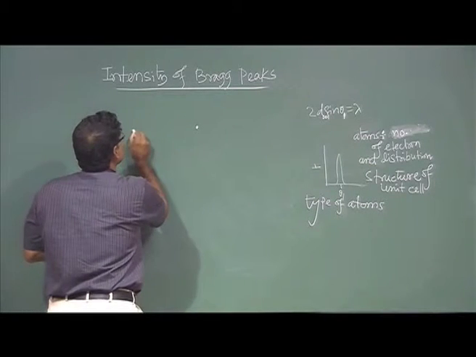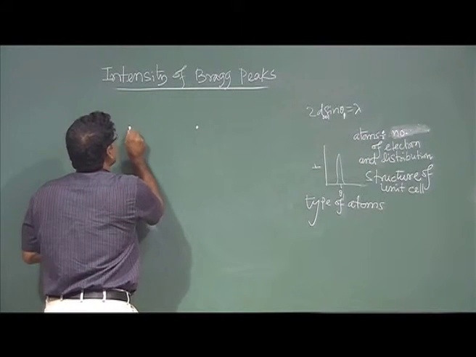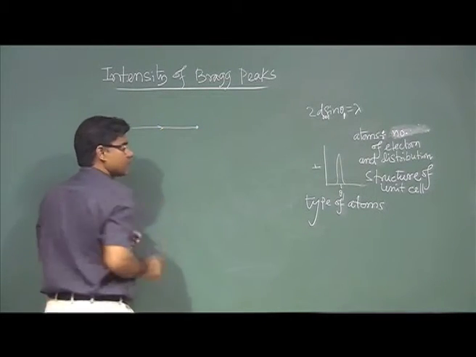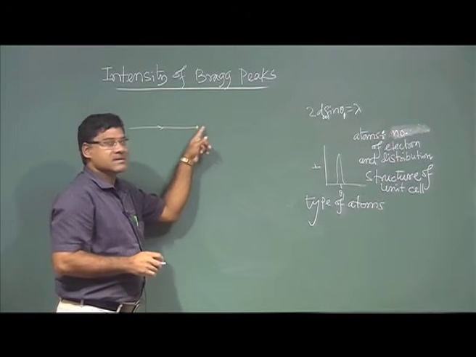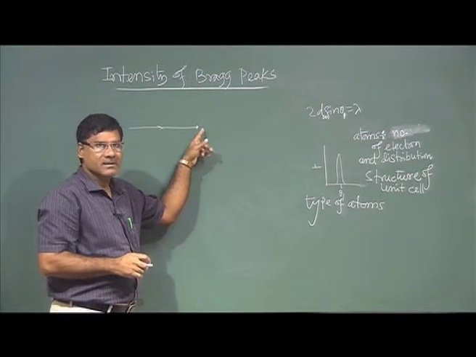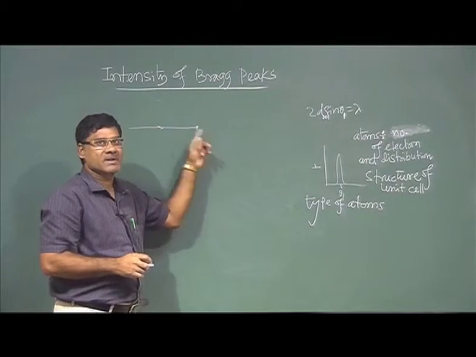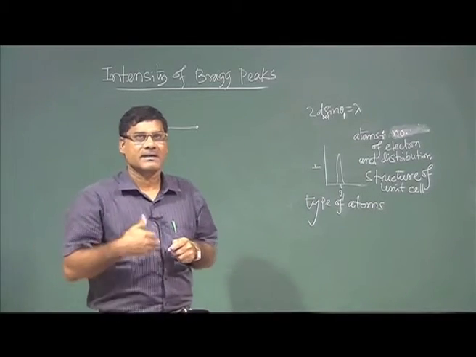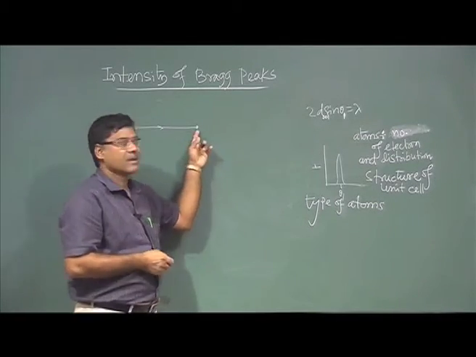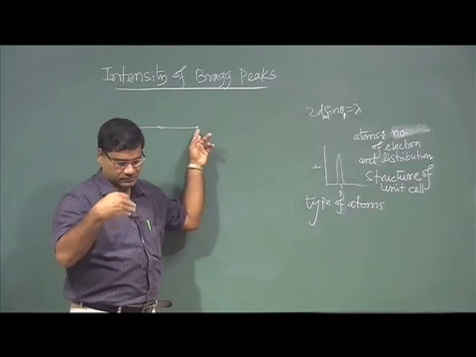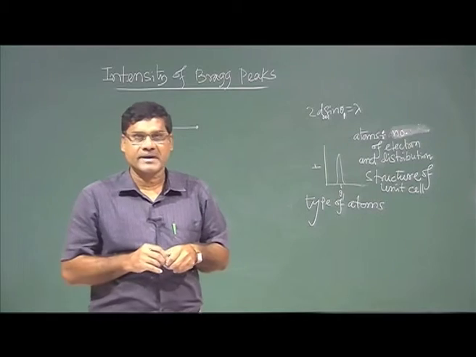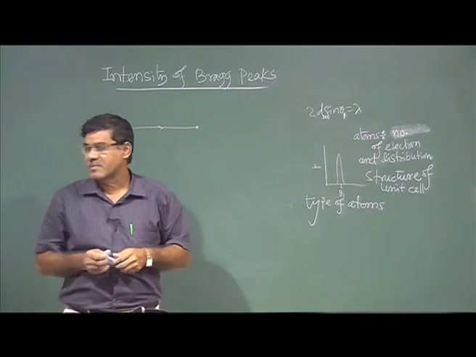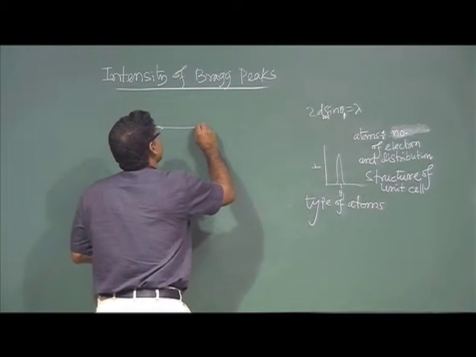So now incident X-ray is falling on it, and this electron will oscillate with the same frequency as the X-ray. The charge is oscillating, meaning accelerating and decelerating, and because of that it will emit radiation of the same frequency or wavelength, but in all directions.